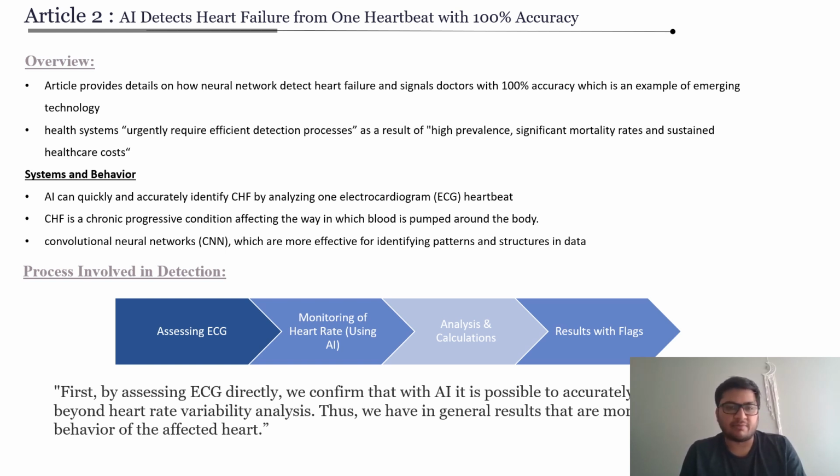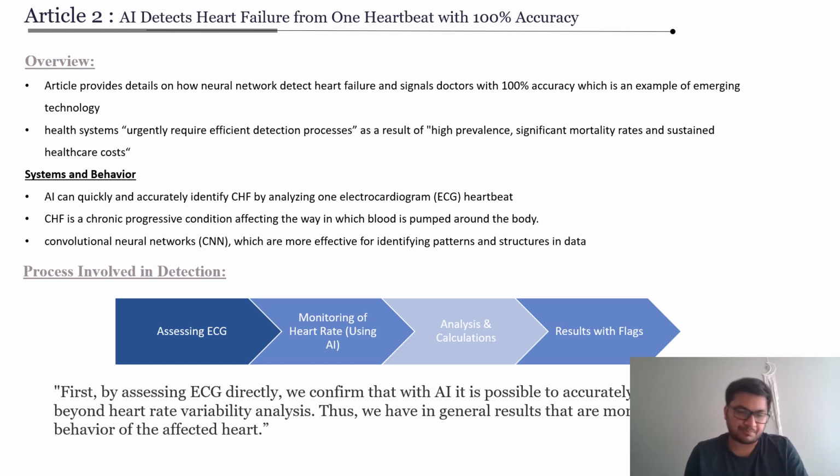So the system and behavior was: AI can quickly and accurately identify CHF by analyzing one electrocardiogram, ECG, heartbeat. CHF is a chronic progressive condition affecting the way in which blood is pumped around the body.